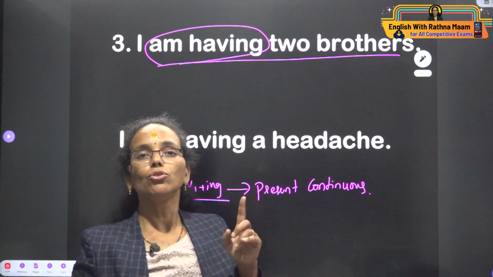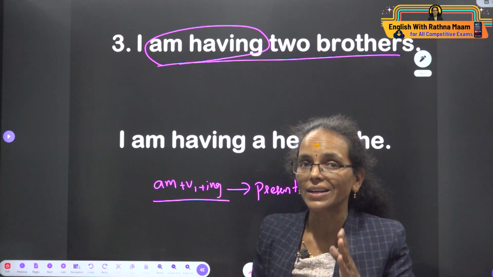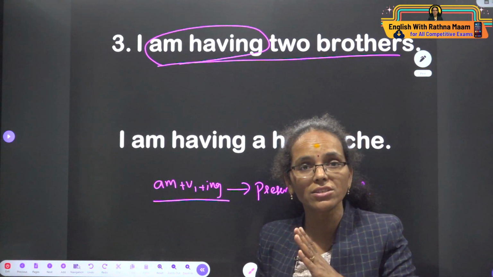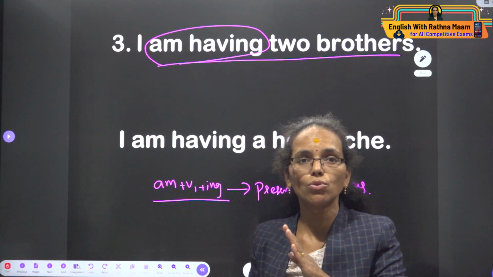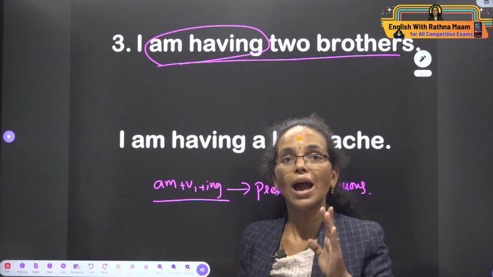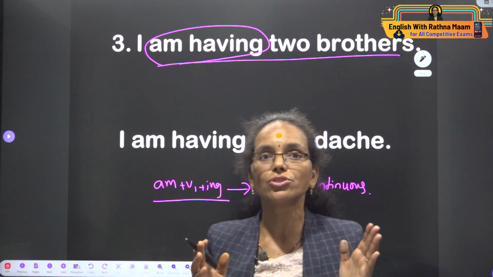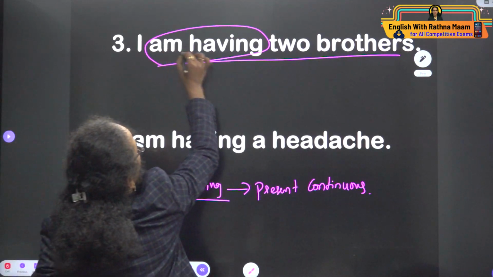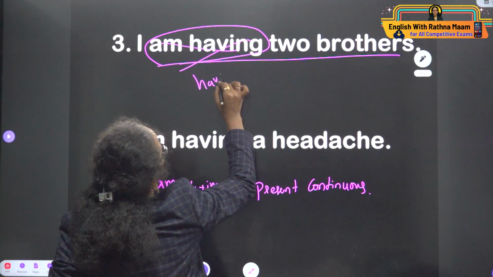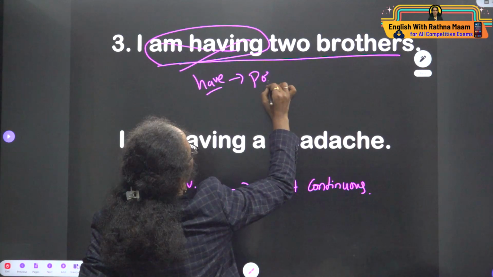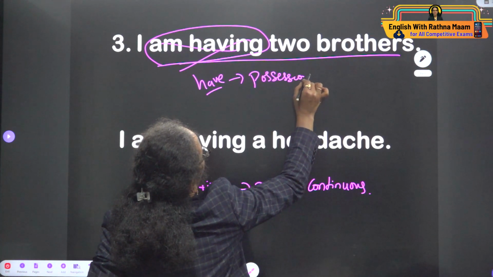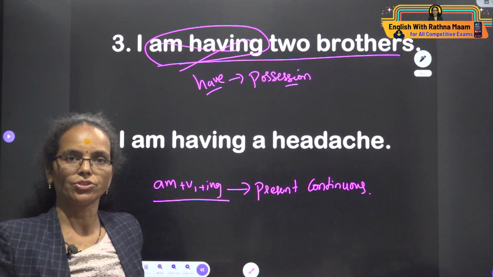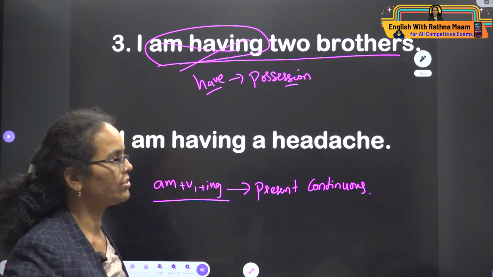I am having two brothers is not the correct sentence because no action is in progress. I have two brothers. That is the position. So, here I should say I have two brothers because it is a position. Right? Move on to the next question.